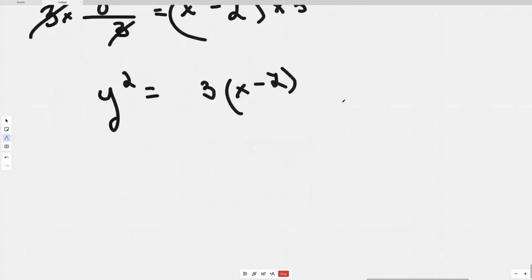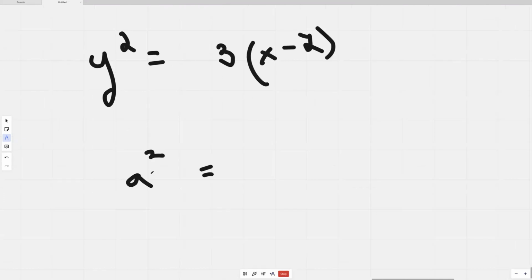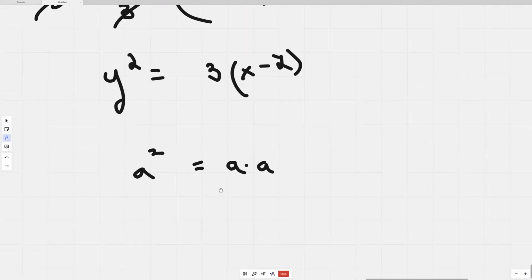Here there is one thing we have to remember and note. We know a squared, or a to the power n, means the power shows the number of times we have to multiply the thing by itself. Like here, we multiply a 2 times, a multiplied by a.